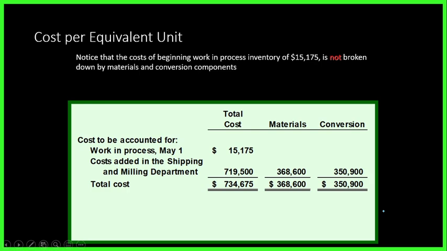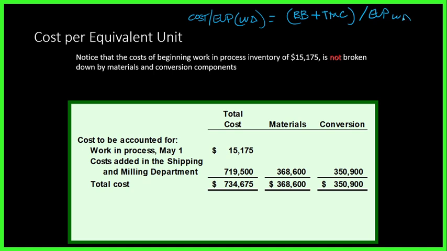Kanina, the cost per equivalent unit of production under weighted average is computed by adding the cost of the beginning work in process plus your total manufacturing cost. This is your cost this period. You divide that by your EUP using weighted average.